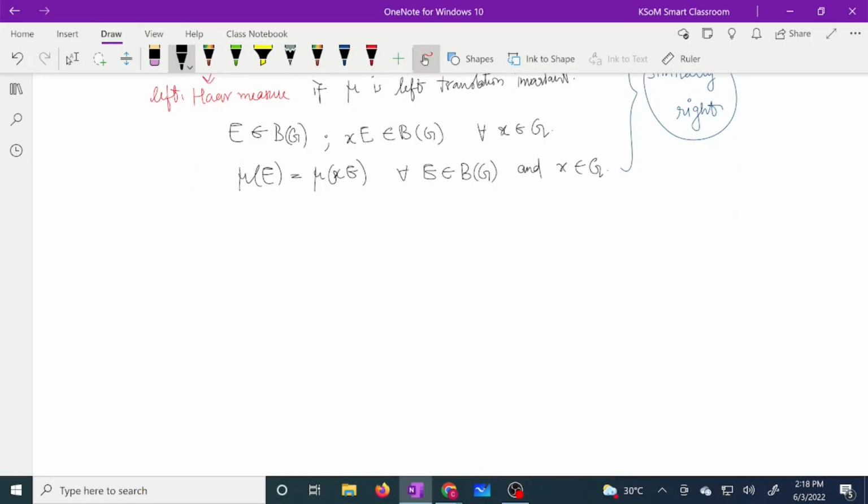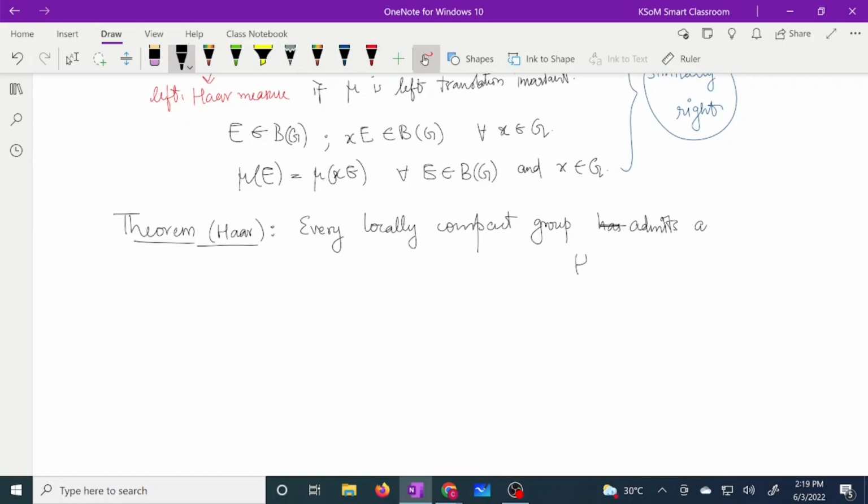Anyway, now we state the main result. Theorem, due to Haar: every locally compact group has a Haar measure, or admits a Haar measure.